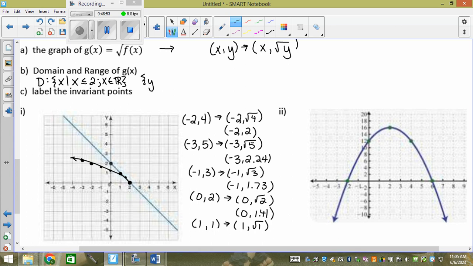My range is y such that y is greater than or equal to 0. My invariant points label would be like this and like this. Invariant points.